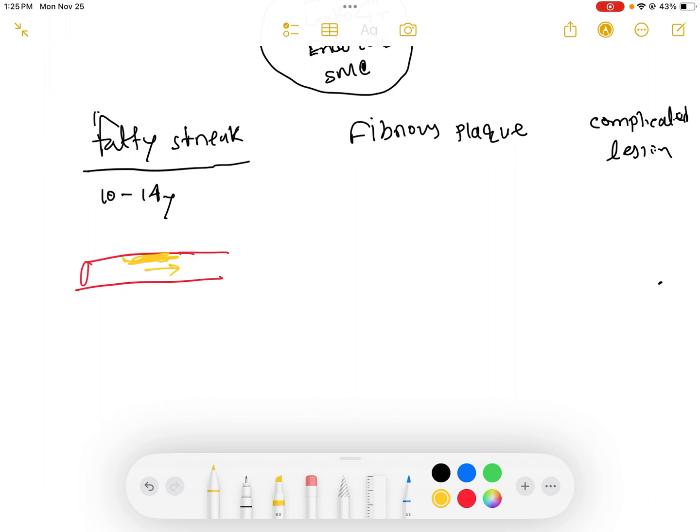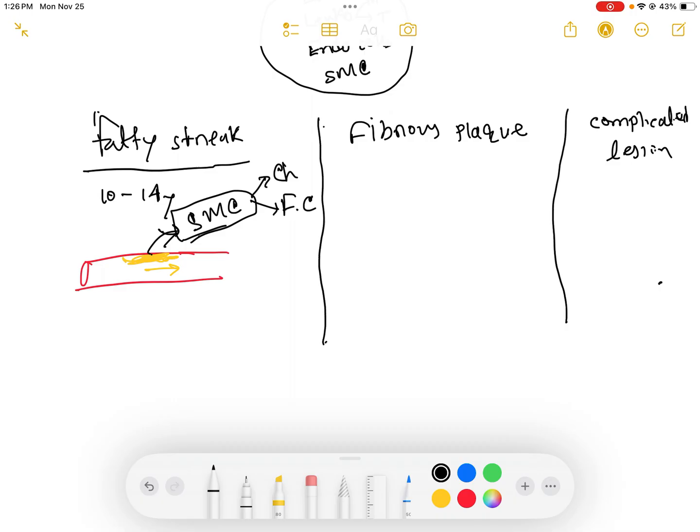The streak consists of smooth muscle cells filled with cholesterol, and foam cells. Then fibrous plaque.